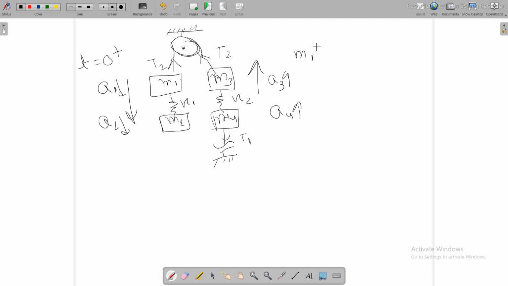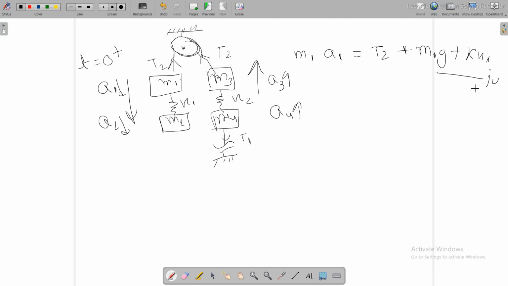Therefore, applying Newton's second law on mass m1, m1 a1 is equal to t2 plus weight m1g plus kx1. Now this is equation number 4.